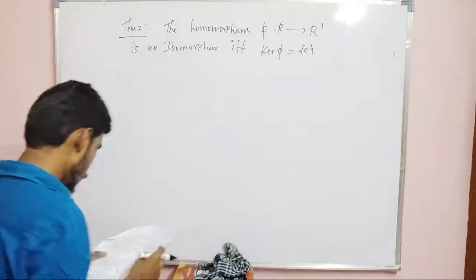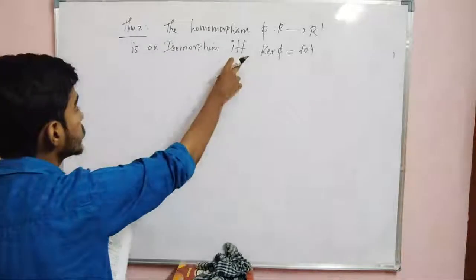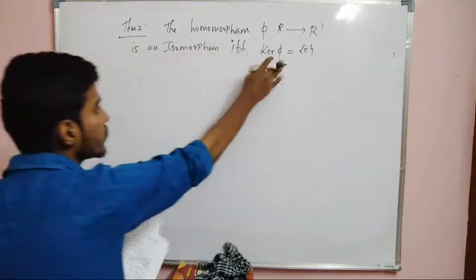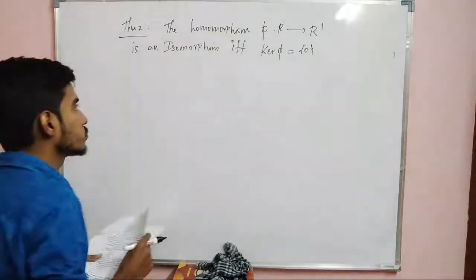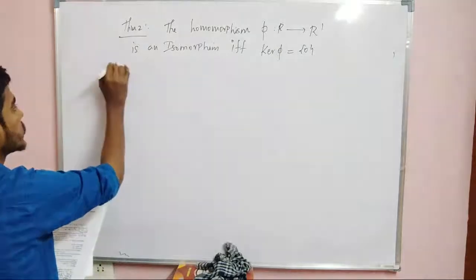Now we will prove this. So this is an if and only if condition. First we will assume isomorphism and prove this, and then we will assume the kernel of f is equal to this and prove it is an isomorphism. So solution.